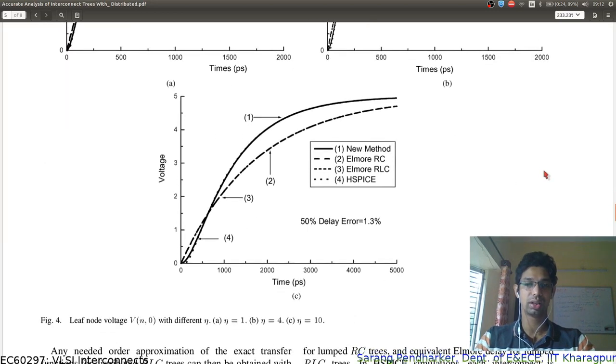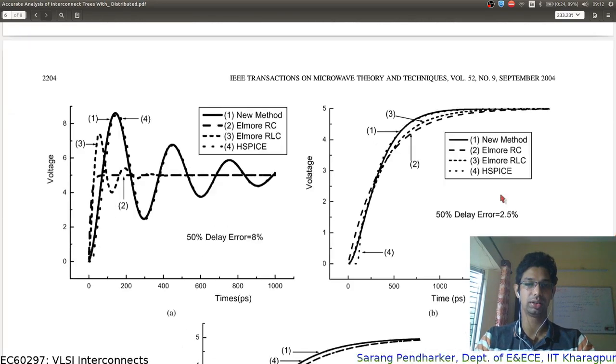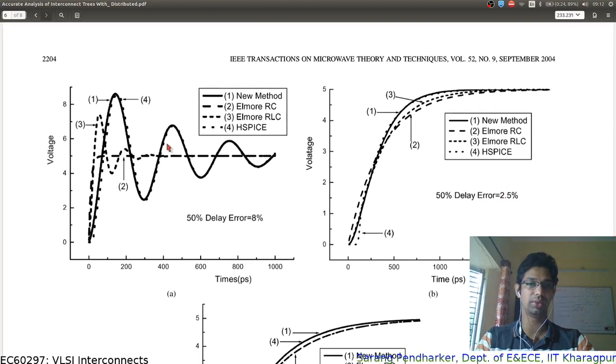Right, so there you can see that there is this comparison between different methods. So there again, even when the overshoot is present, there also they are showing a match between, say, the Elmore and the Elmore equivalent.